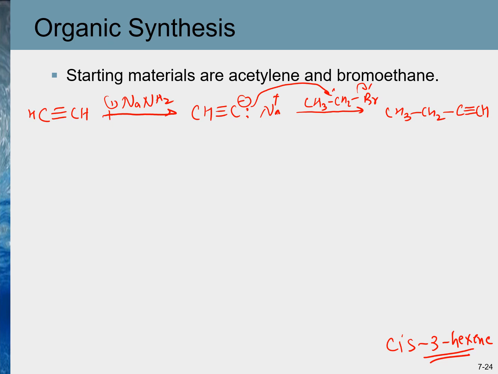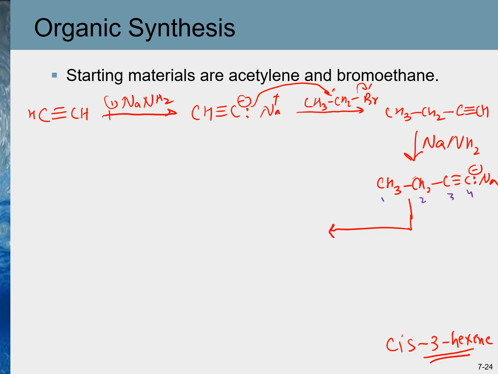Now this longer terminal alkyne will be reacted with a strong base one more time, and we will get the alkyl anion again, and we will react it with another alkyl halide. Right now we have, let's count the carbon atoms, 1, 2, 3, and 4, and the triple bond is already at the number 3 position.